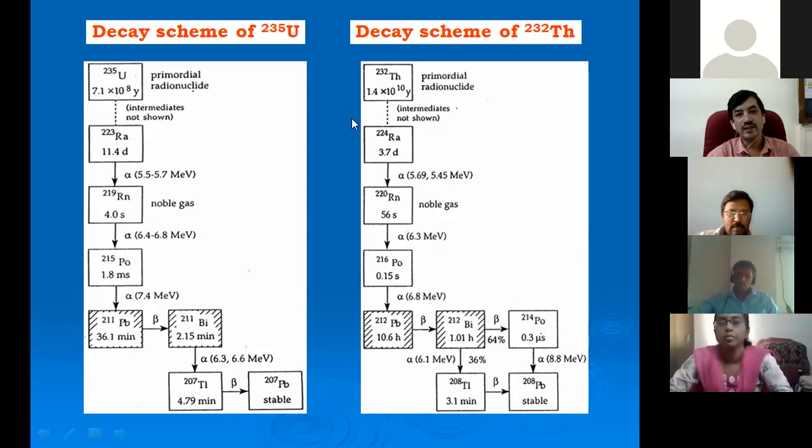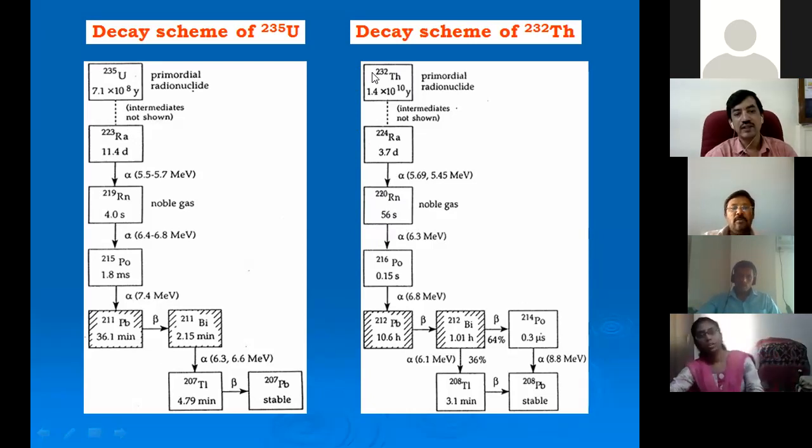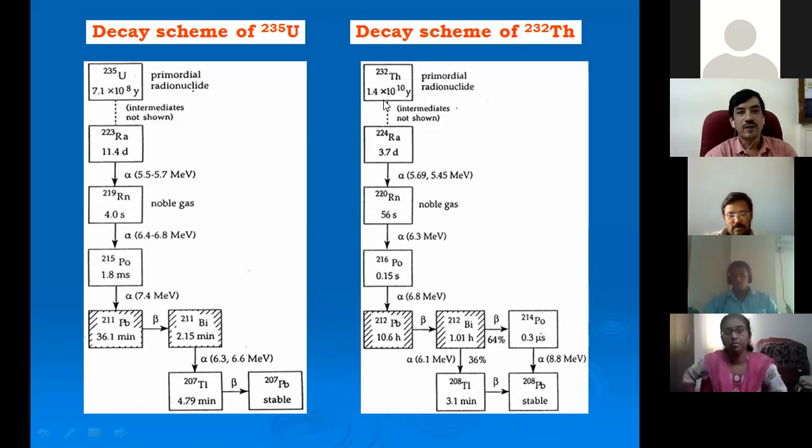But because of higher concentration in some types of soils, particularly in South India, we can see a significant amount of radon-220 in the natural environment. That means the abundance of thorium-232 is more. Because of the higher abundance, we can find trace amounts of radon-220 in the atmosphere.